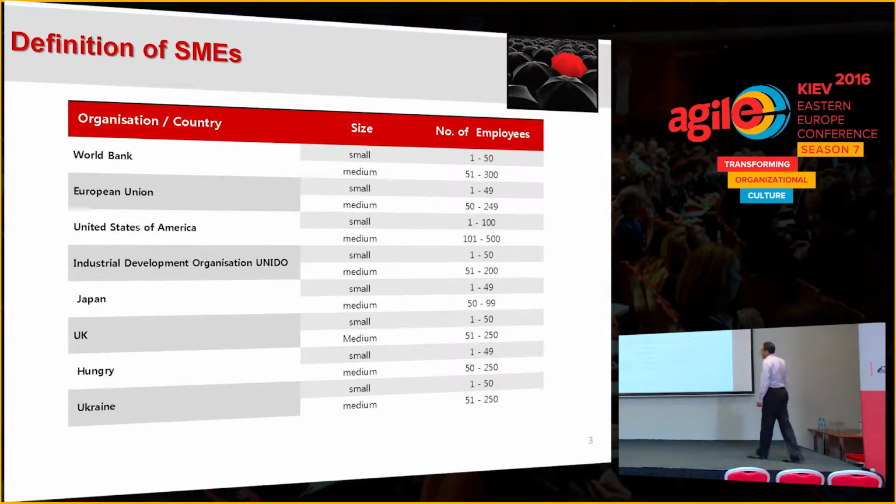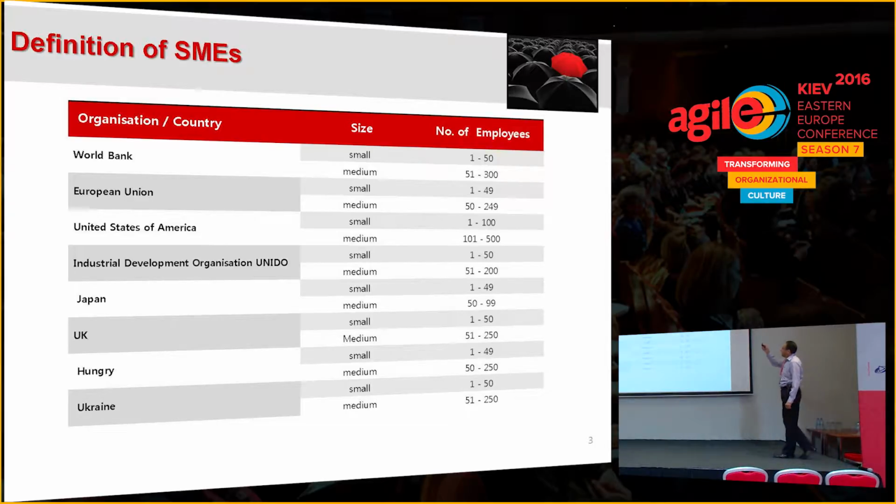First of all, let us define what a small and medium-sized company is. To be honest, an SME is easy to describe but very hard to define, because no single definition can apply around the world. Every country and every organization defines SMEs with their own definition.